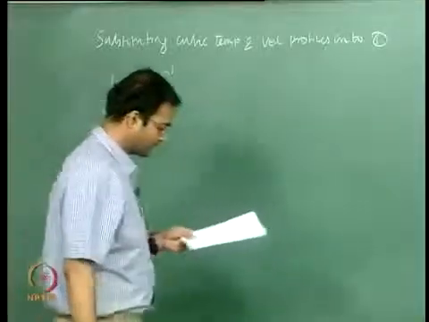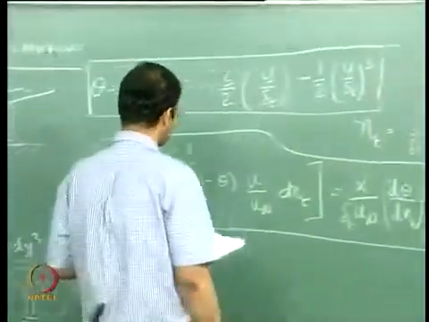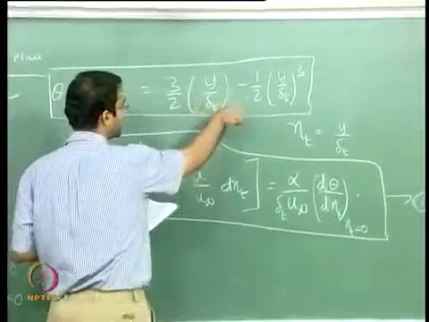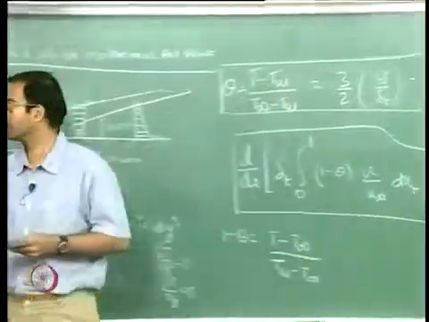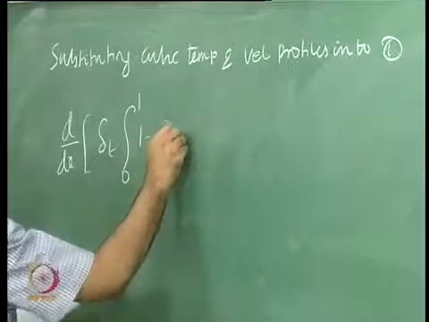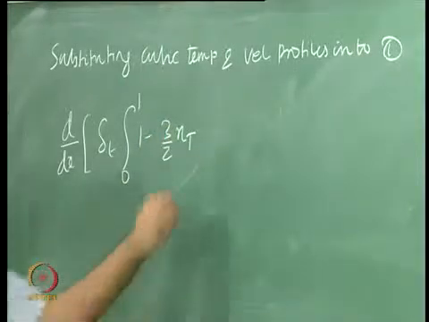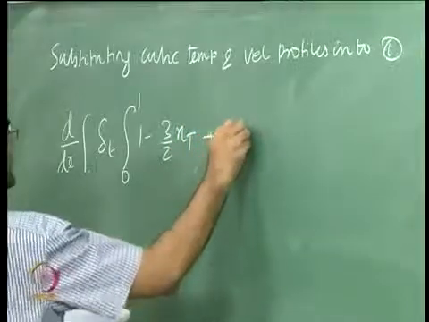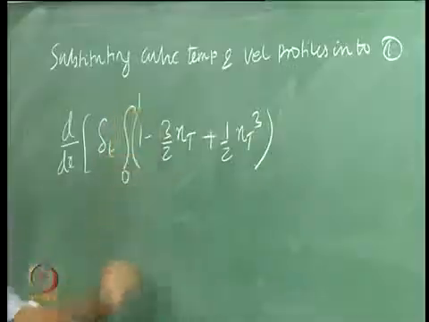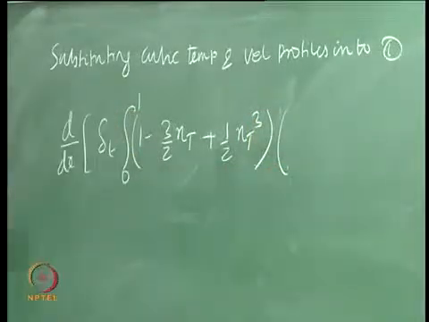So my cubic temperature profile is now 1 minus theta, so that is 1 minus 3 by 2 eta t minus half eta t cube. Okay, so I can write it as 1 minus 3 by 2 eta t, and minus of minus is plus half eta t cube. Okay, this is my temperature profile 1 minus theta, and what is my velocity profile?